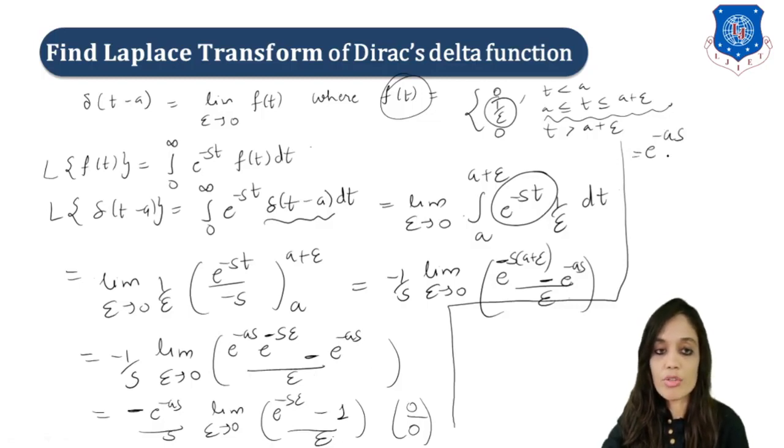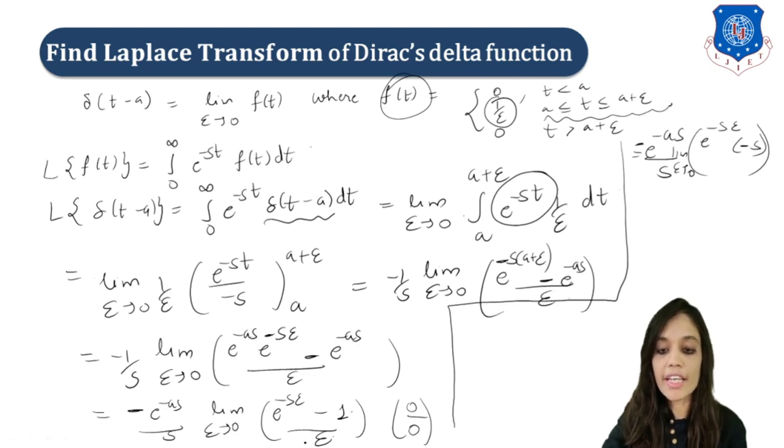Firstly put this e raised to minus as upon s and this minus outside. Just do the derivative of the numerator. Firstly limit epsilon tends to 0. Do the derivative, so it will be e raised to minus s epsilon into minus s, right? Derivative of 1 will be 0 and derivative of epsilon will be 1, right?